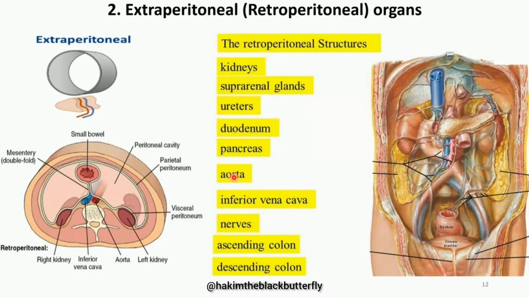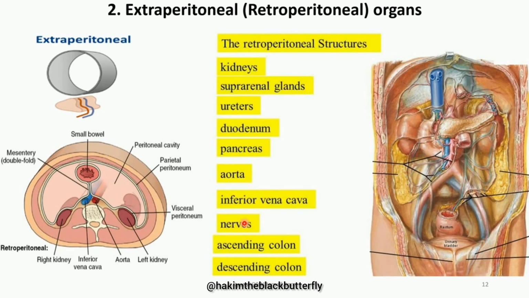The aorta, the inferior vena cava, these big vessels, are behind the parietal peritoneum, against the posterior abdominal wall. You can see them very well. That's the aorta there, that vessel in red, and that's the IVC.